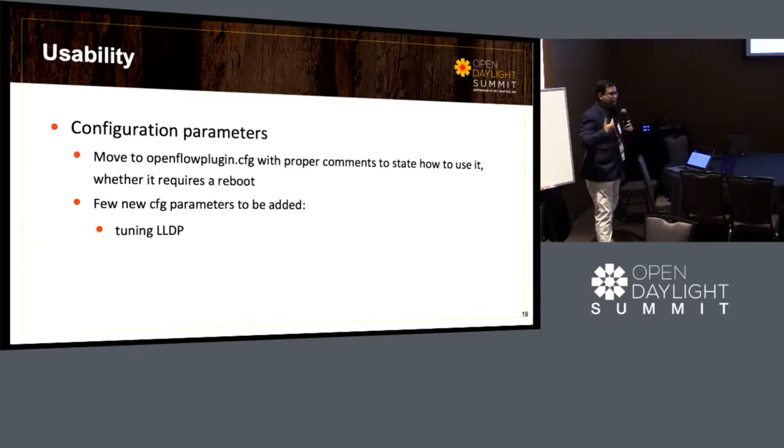So if we have switches connected to it, that results in a lot of errors. Currently we have a couple of parameters in the OpenFlow plugin.cfg file, but we plan to augment all the configurable parameters with proper comments on how to use them and whether they will require a node restart or not, and add a few new config parameters, like tuning the LLDP packets: whether you want them or don't want them, and the time for them to be sent.